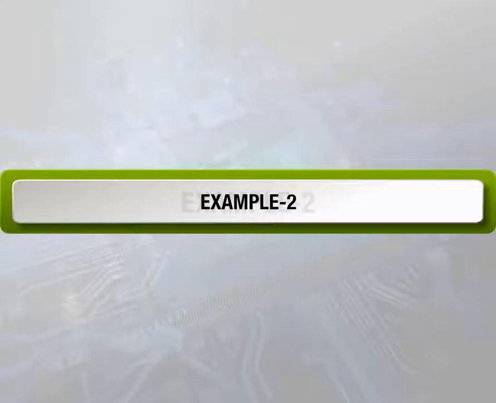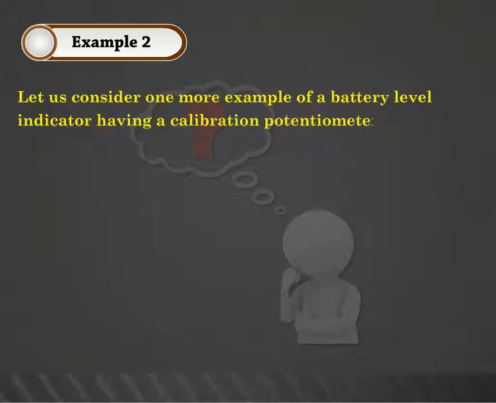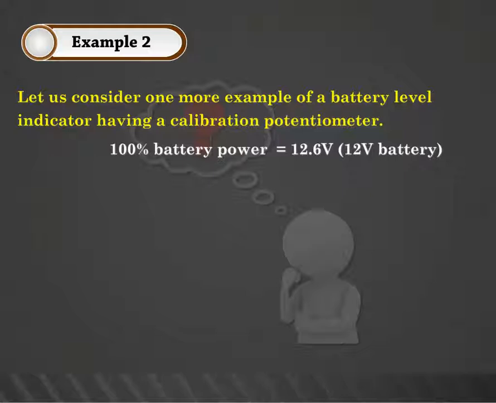Example 2. Let us consider one more example of a battery level indicator having a calibration potentiometer. 100% battery power is equal to 12.6 volt for a 12 volt battery.